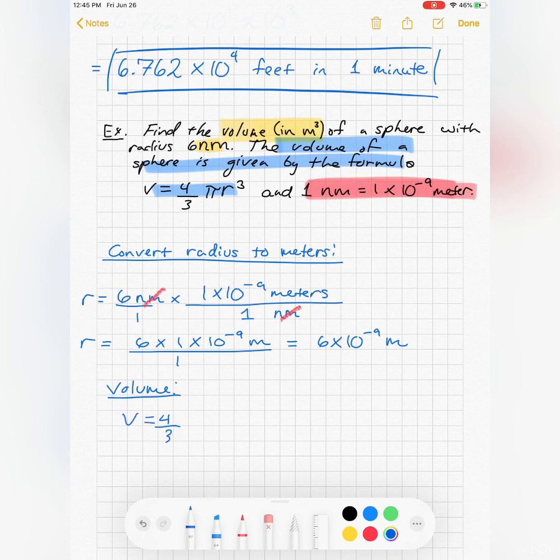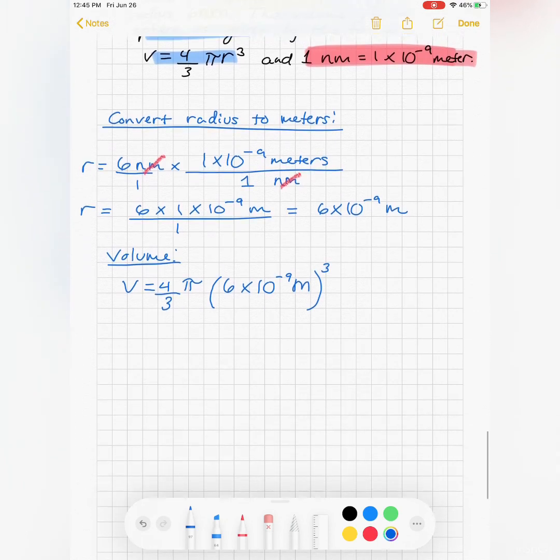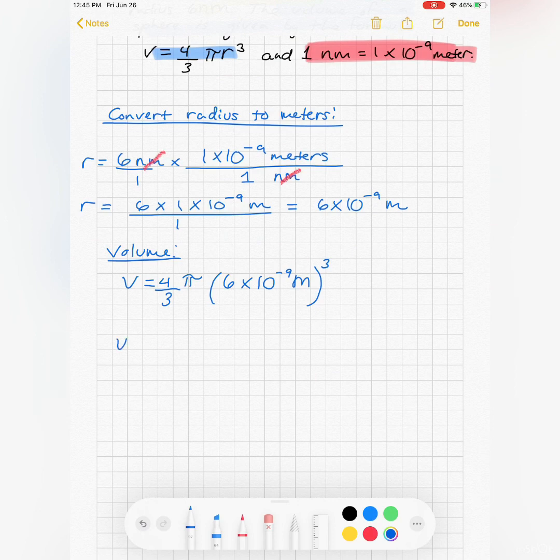Okay, so that's 4/3 pi, and then my r. So 6 times 10 to the negative 9th cubed. Let me go ahead and put the meters in there. Okay, so let me see what kind of simplifying I can do.